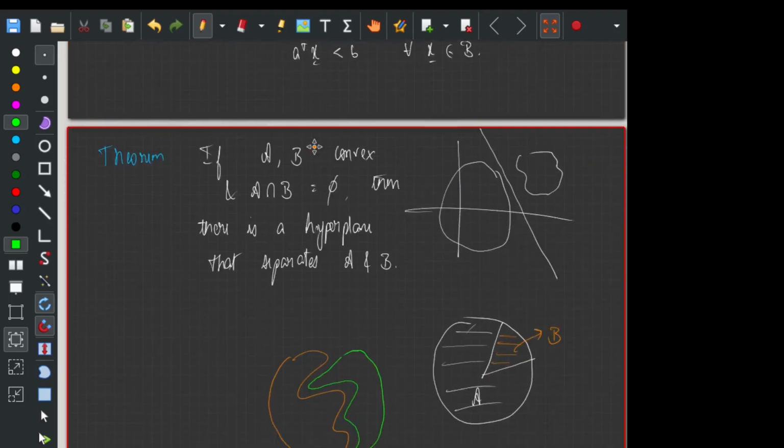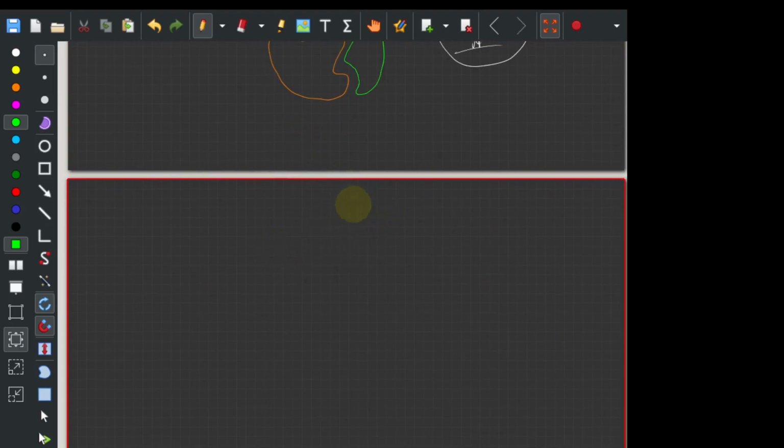For example, let's take the most simple example of two half spaces. A is the set of all x such that A transpose x is greater than or equal to b, and B is the set of all x such that A transpose x is less than or equal to b. Are these two sets convex?